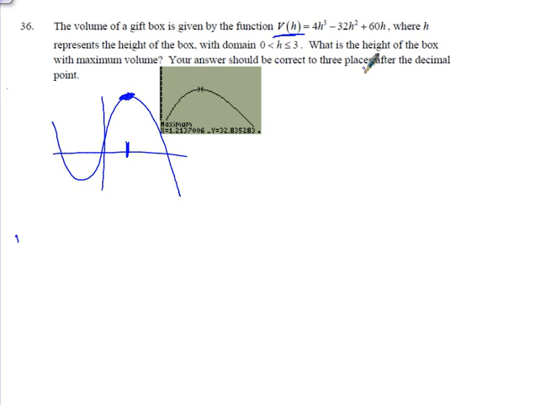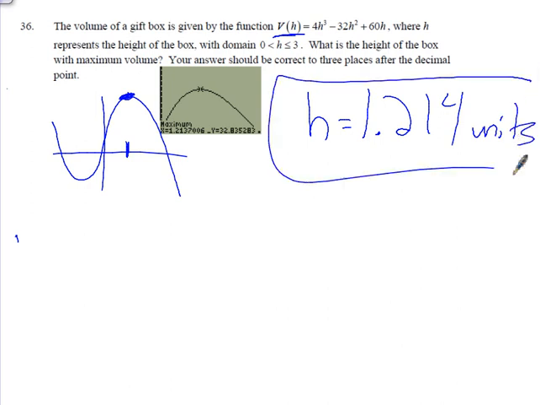Now we have to make sure we read the directions here, three places after the decimal point. So my maximum height is going to end up being 1.214 units. It doesn't give us anything, so we would just say units. Really, you could probably leave that blank. So that's 36.